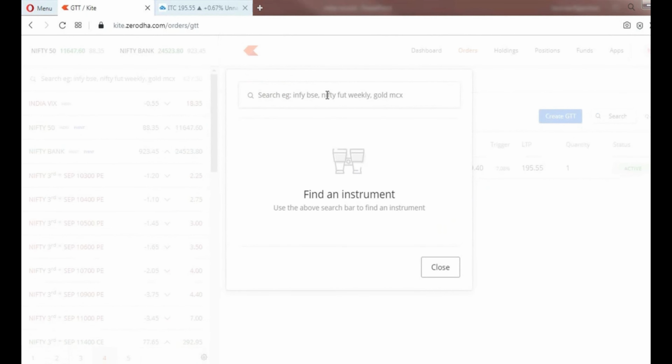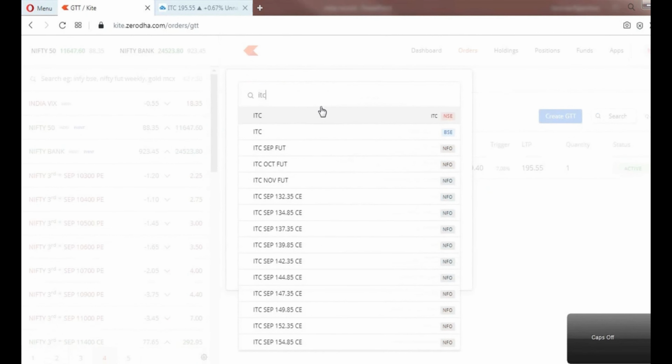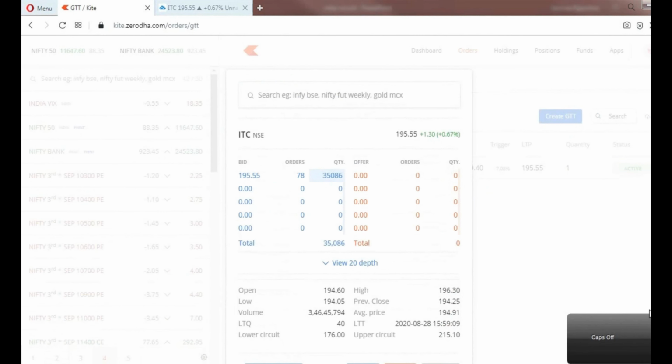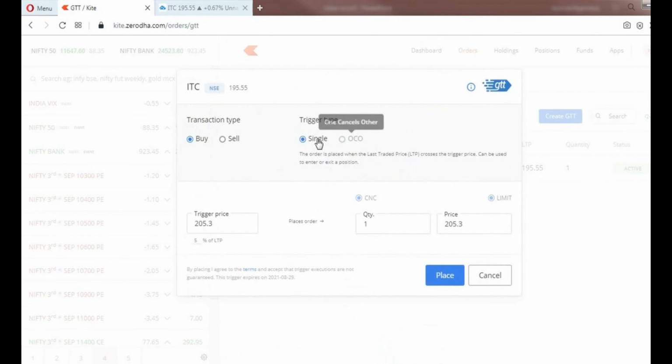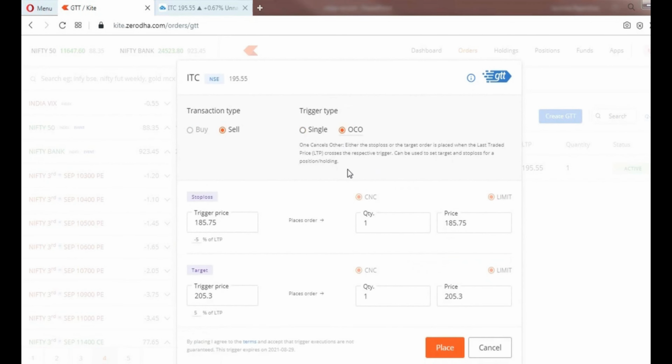So again we will enter the same stock, that is ITC, in the underlying, and again click the create GTT button. Now in the GTT window, the OCO option will be disabled because this feature is applicable only for stocks which are already in your current holdings. So you need to change the transaction type from buy to sell and it will be enabled.